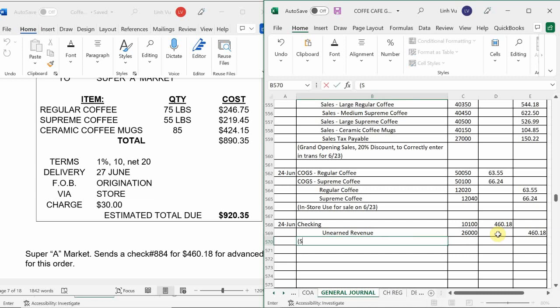Super A market. Good. Advance payment. Good. The check number and terms. Okay. There's no terms yet because we didn't deliver anything yet.